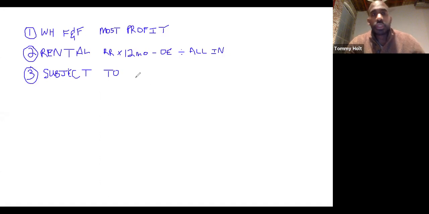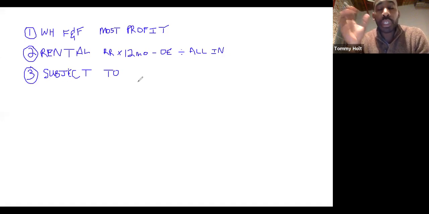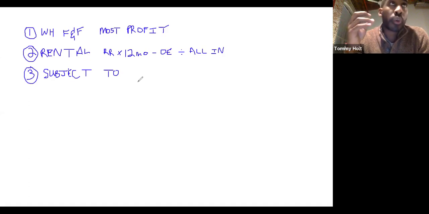So subject to, though, the very short version of it is subject to existing financing, which means on paper, I own the property. On paper, I'm deeded to the property. But the financing stays in the other homeowner's name.